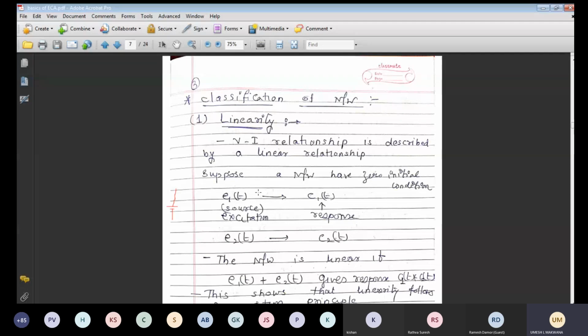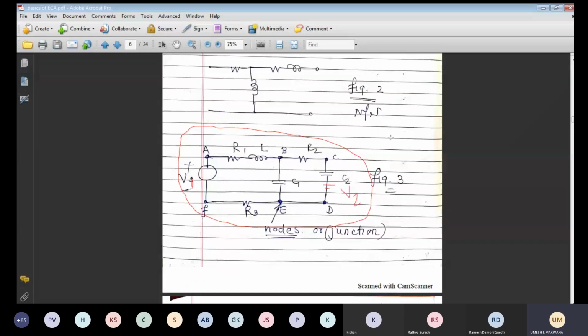So when we apply both voltages simultaneously, what happens? Suppose I want to find the current in this branch. The current in this branch is the current supplied by this voltage as well as this voltage, the resultant of which supplies current I into the circuit.